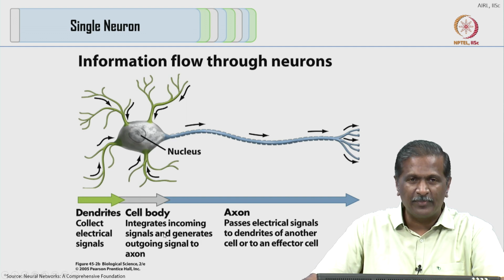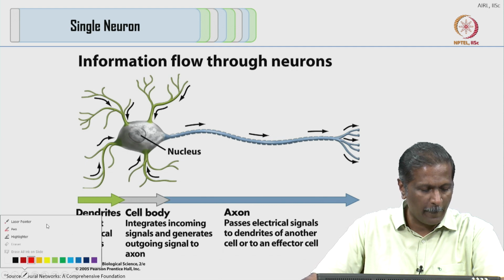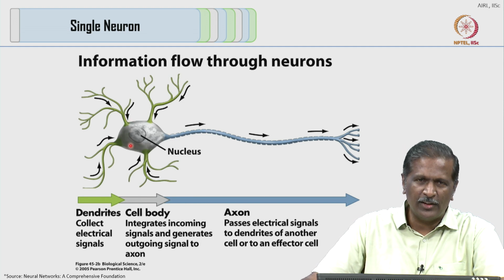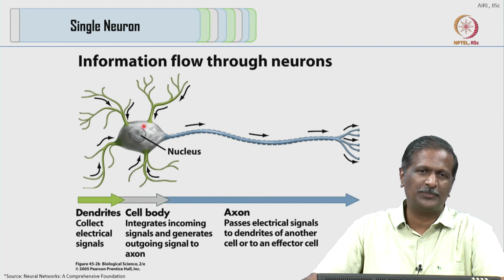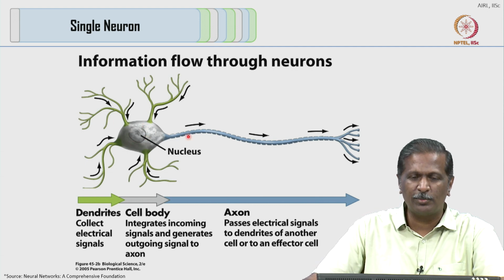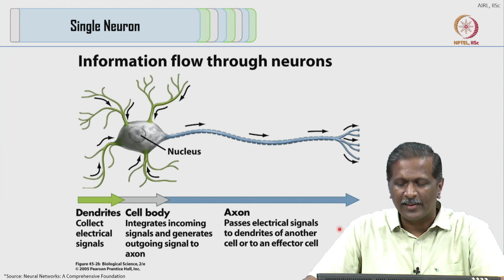The cell body integrates the incoming signals and generates an outgoing signal to the axon. Here a nonlinear process takes place. I receive all the signals, I perform a certain process and produce an output, and that output flows through the axon. The axon passes the electrical signals to dendrites of other cells or to an effector cell.